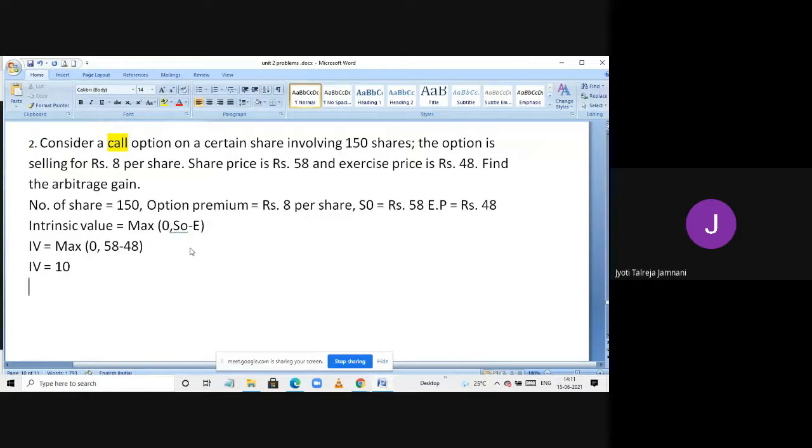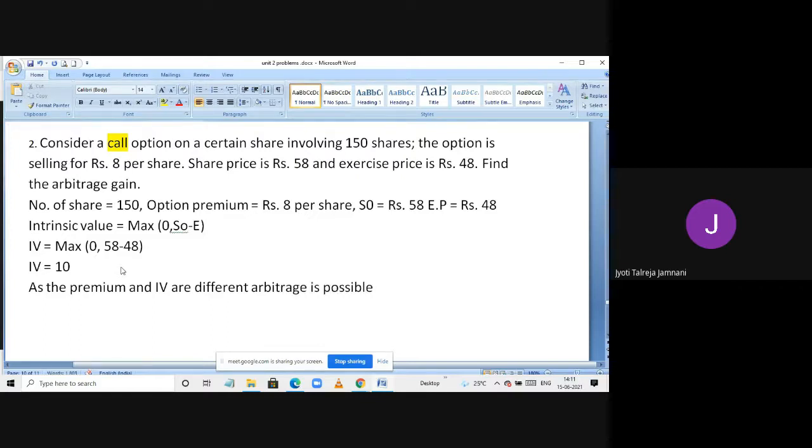Okay, now we'll compare the premium and the intrinsic value. How much is the premium? 8 rupees and intrinsic value is 10 rupees. Okay, so we will write, as the premium and intrinsic value are different, arbitrage is possible.